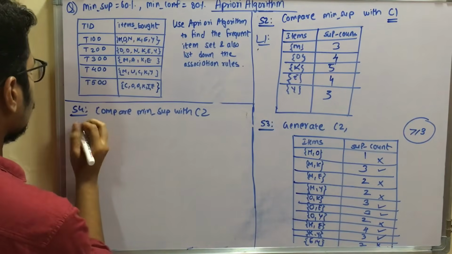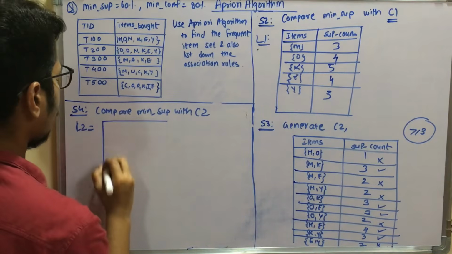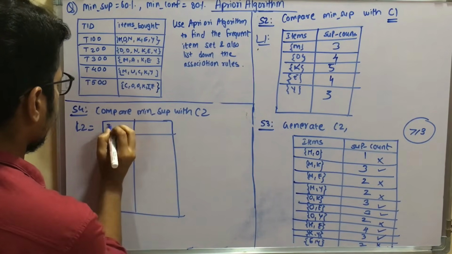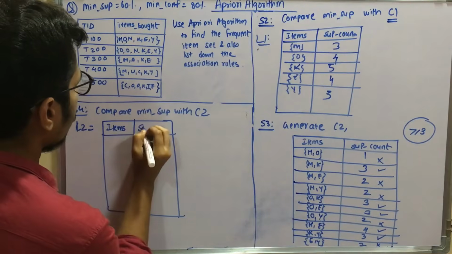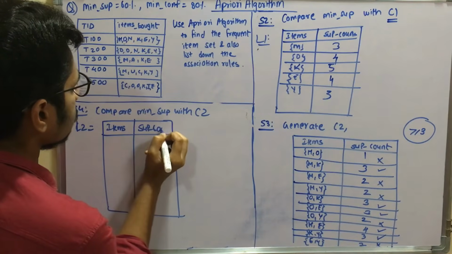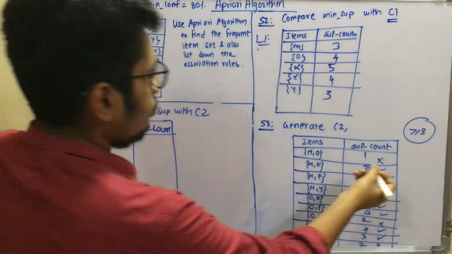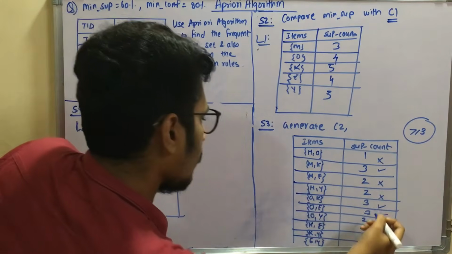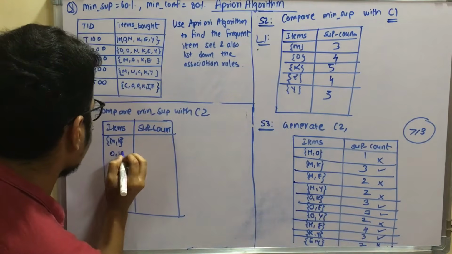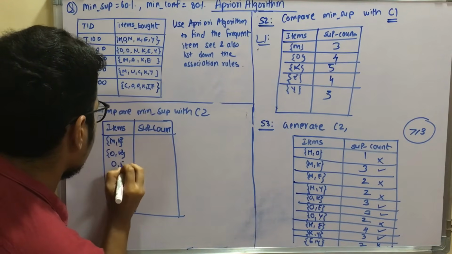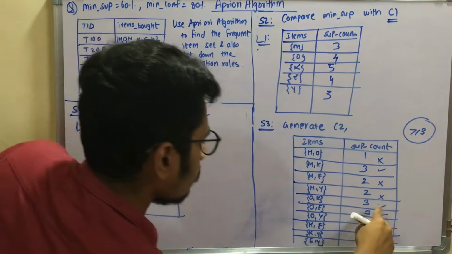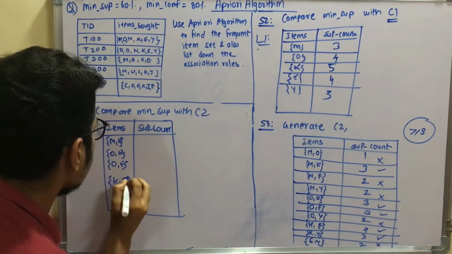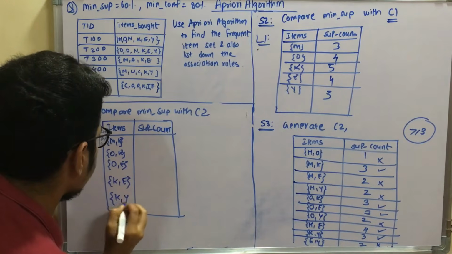So it will be L2 here, and in L2 we have these items. We draw this table, we have items here, and then we have the support count. Yeah, and so we'll just consider those items, that is we have MK, we have OK, OE, KE and KY.